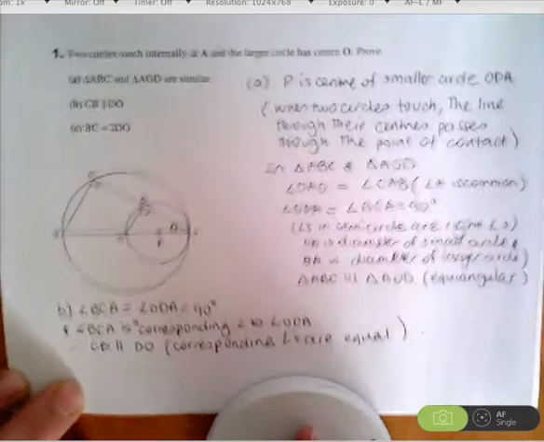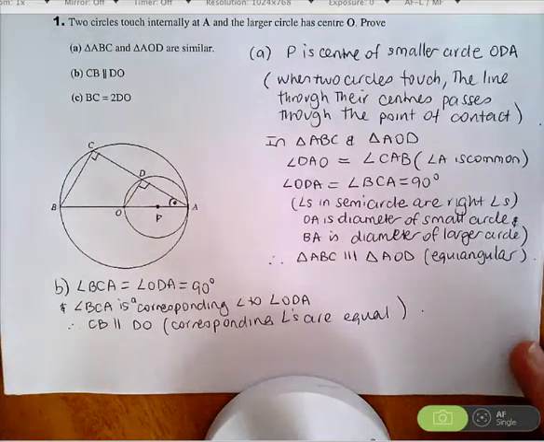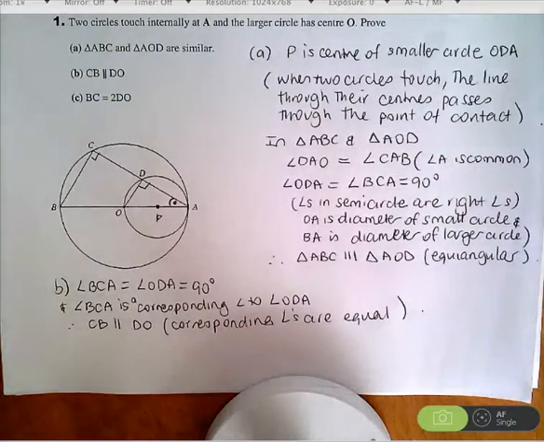Okay, now for part C, which is to prove that BC is equal to 2 times DO.